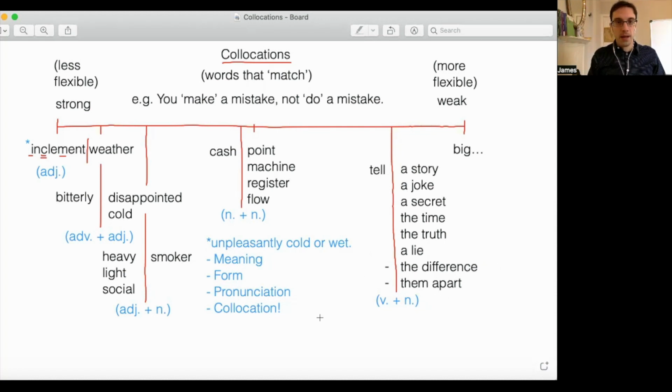Now then, obviously, collocation won't just help you in your IELTS exam, it will also help you in your English in general. And before we finish the video, I'd like to introduce a good resource that you can use for learning collocations, and we'll go over to that right now.